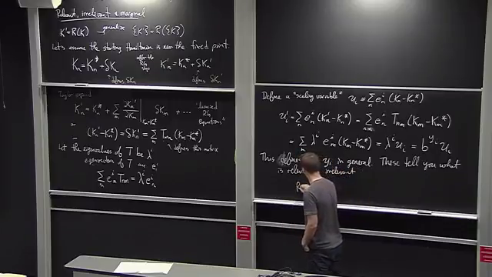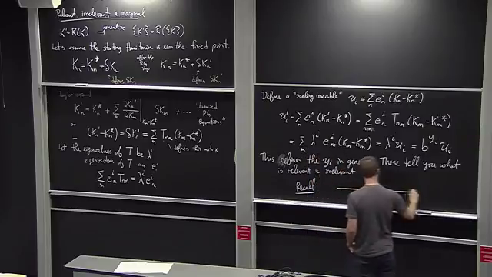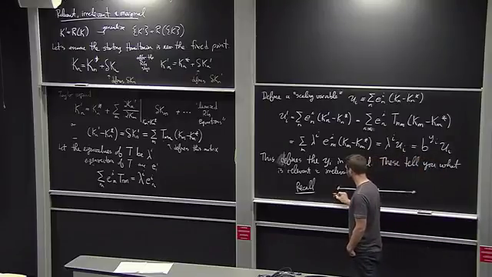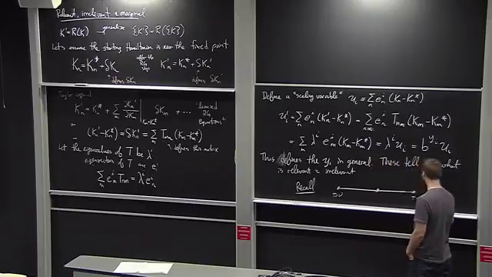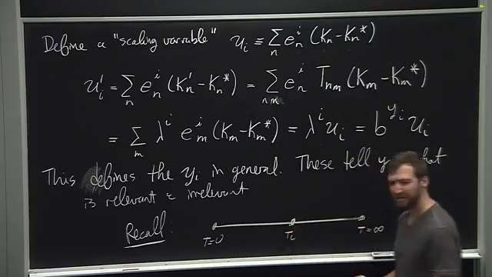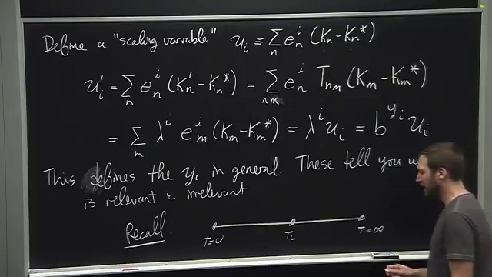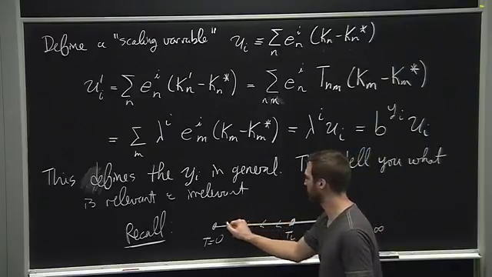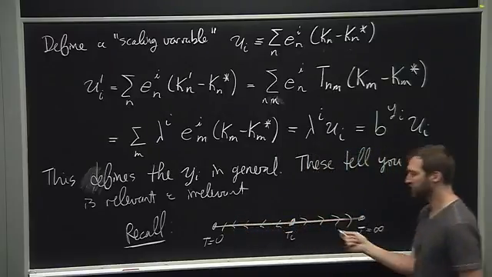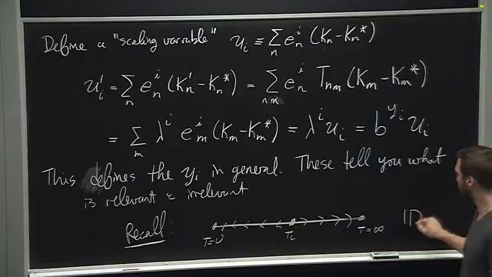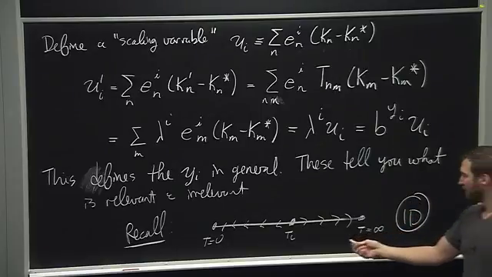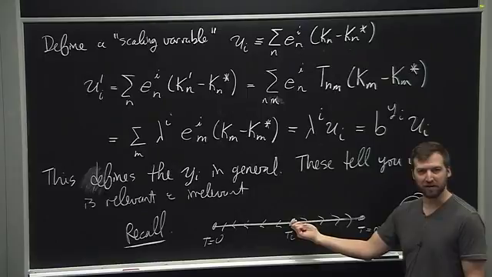So remember, last time I had a one-dimensional flow, which I sort of argued for in two dimensions, which had a zero temperature fixed point, an infinite temperature fixed point, and a T_C. And I argued that these were stable fixed points. And I drew this RG flow diagram. This is the 1D case. There's only one K. K is 1 over T. So the point is that temperature is a relevant variable from the perspective of this fixed point.